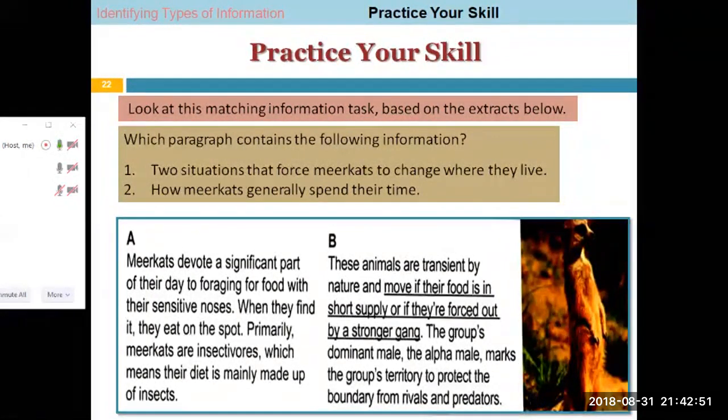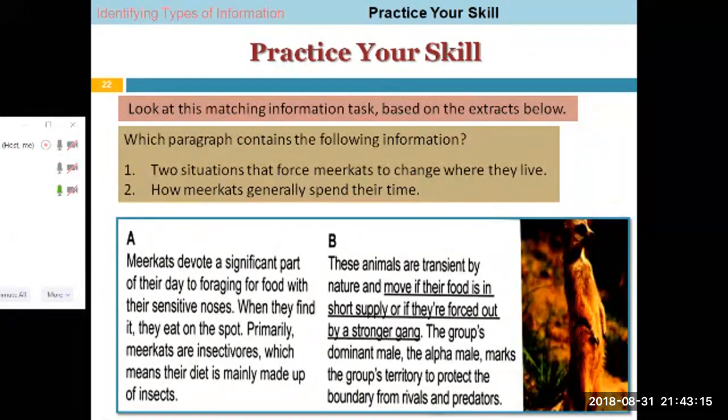Obviously, paragraph B. Am I right? Are you guys there? Yes, sir. Now, how do meerkats generally spend their time? Which paragraph contains this information? A, sir. A is correct for the food, but how do they spend their time?